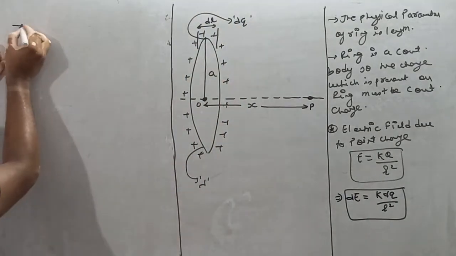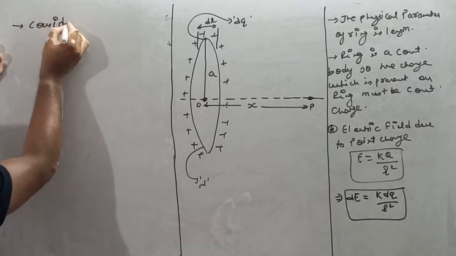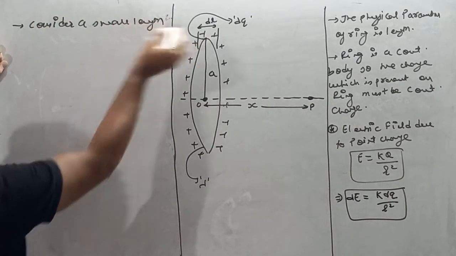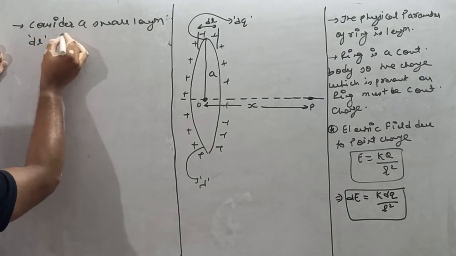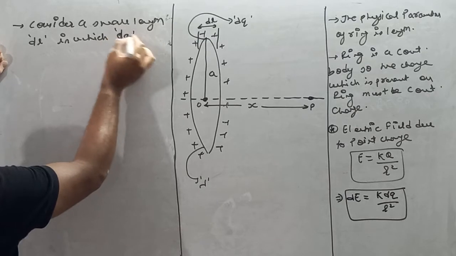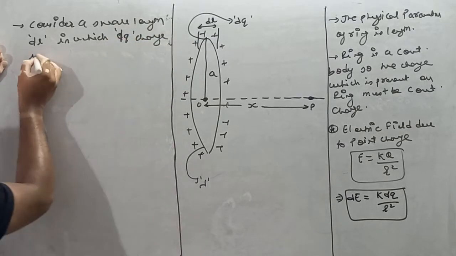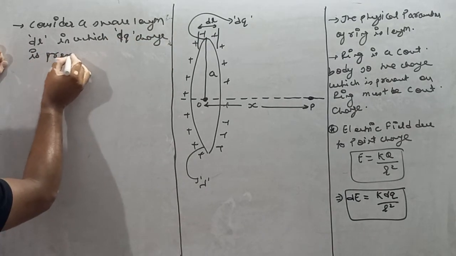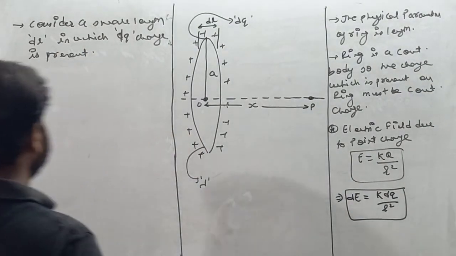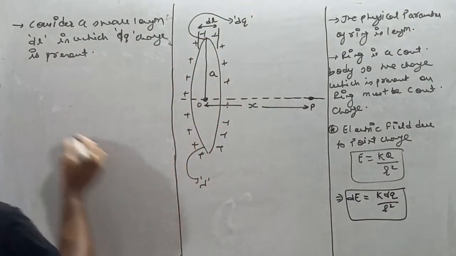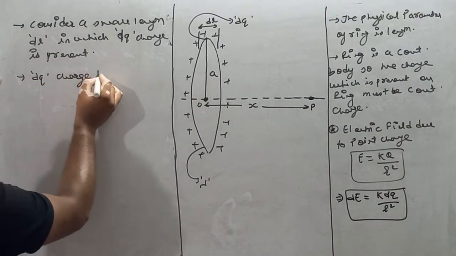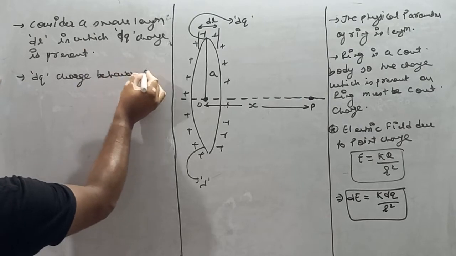So consider a small length dl in which dq charge is present, so that this dq charge now behaves as point charge.